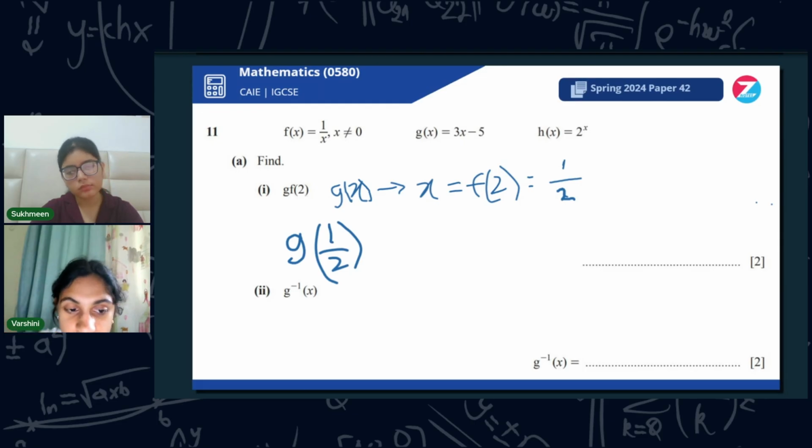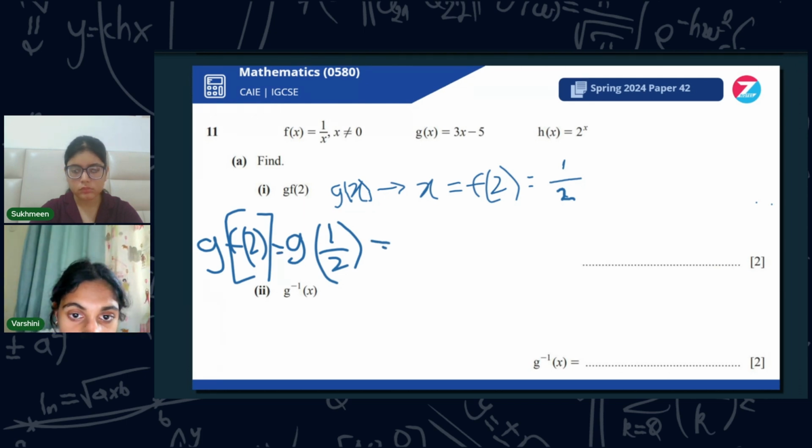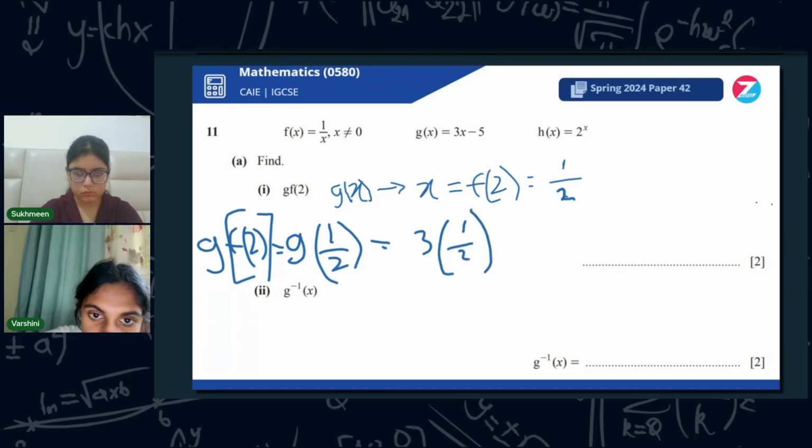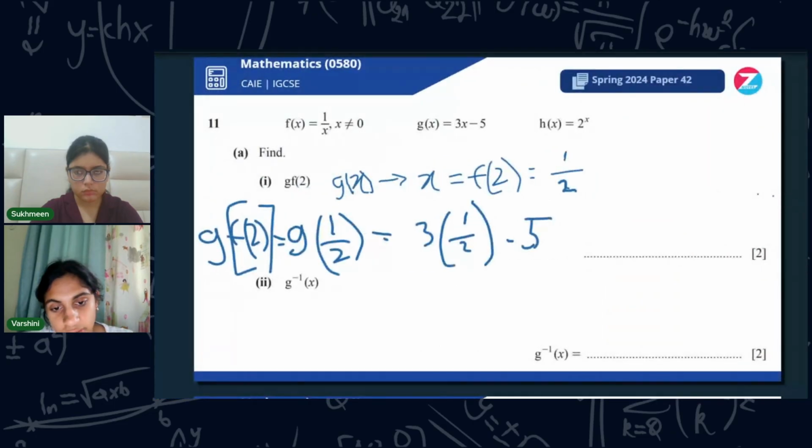So now we put f of 2 inside g of x, so g of f of 2 equals g of 1 by 2, equals 3 times 1 by 2 minus 5, where this is just g of x, and we substitute in 1 by 2 for x.